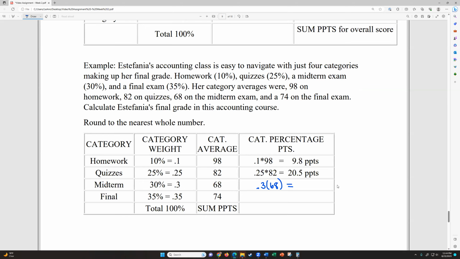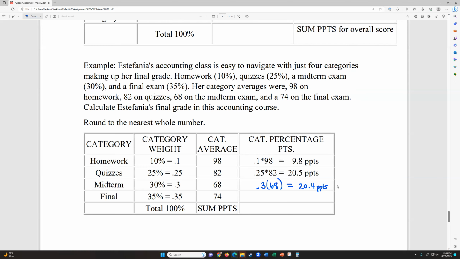I got that was 20.4 percentage points. Notice this is where something didn't go as well for Estefana, because 30%, if we had 100 on our midterm, we would have earned 30 points towards our grade. So she almost lost 10 points by having that D on the midterm. So she pretty much lost almost a whole letter grade towards her final grade.